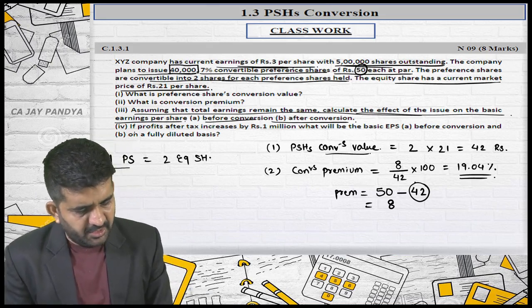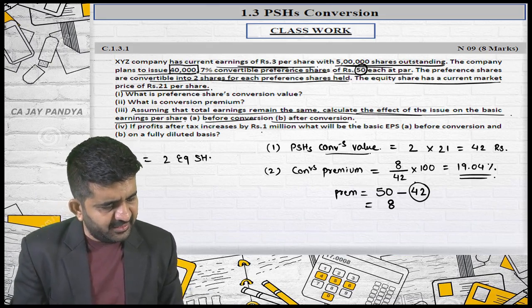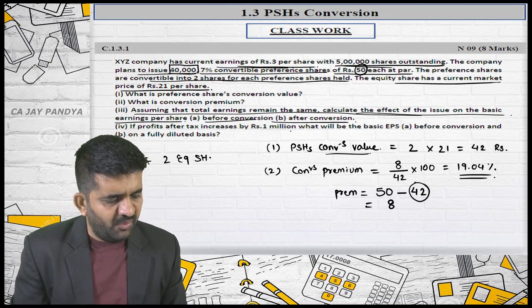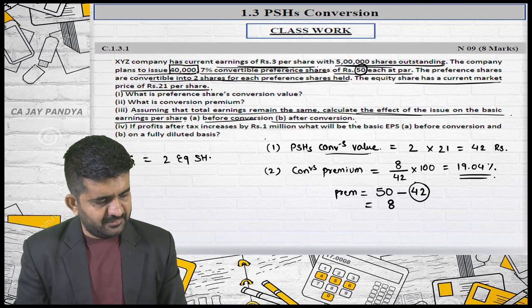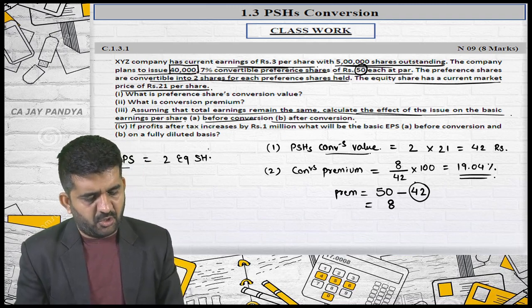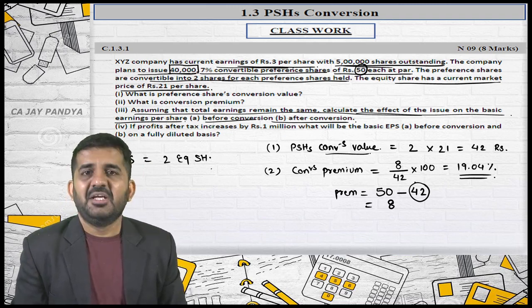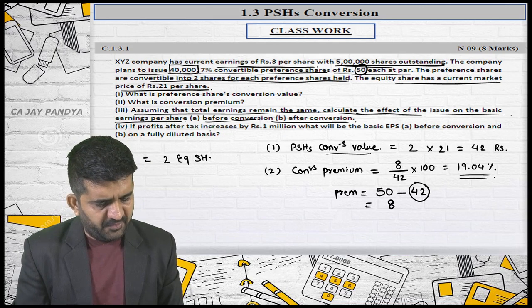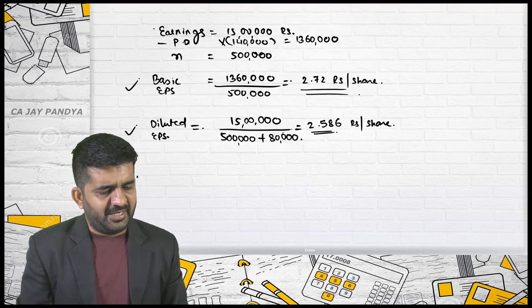Alright, fourth one. If profit after tax increases by 1 million, 1 million is 10 lakhs. What will be the basic EPS before conversion and on a fully diluted basis? They are just telling that profit after tax increases by 10 lakhs.